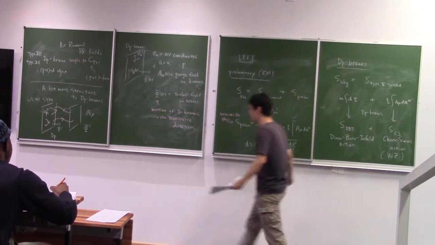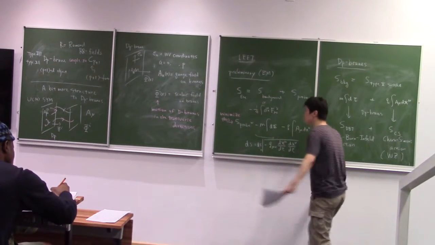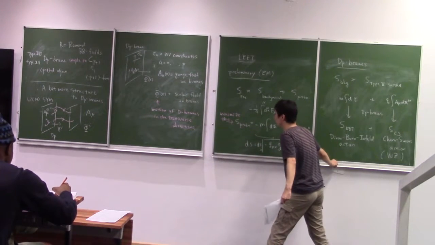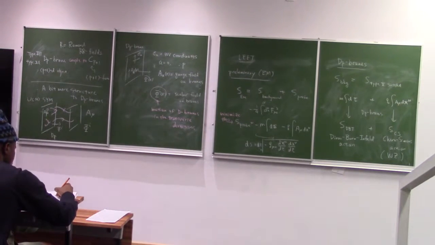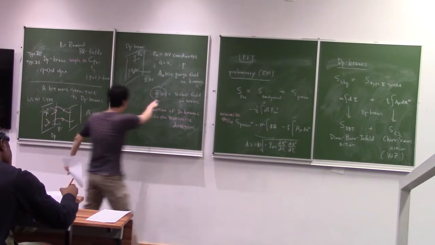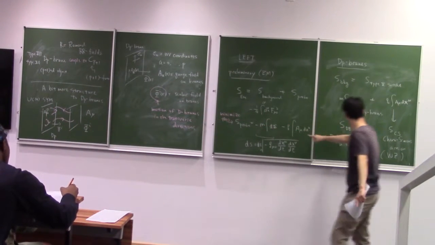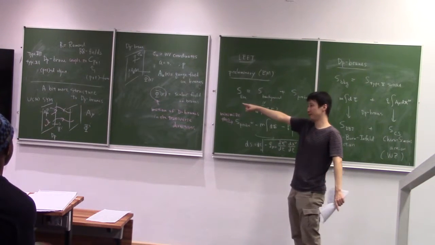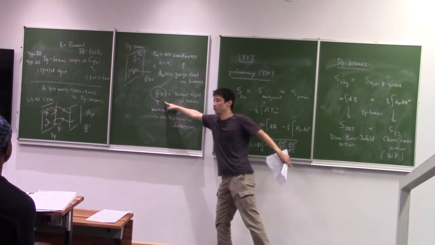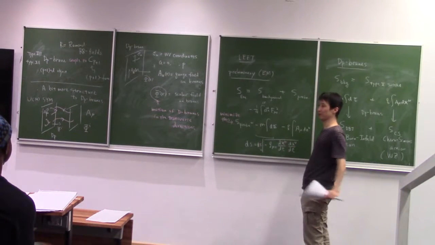So what I am alluding to is, so this phi, in analogy to electromagnetism, what does this correspond to in electromagnetism?